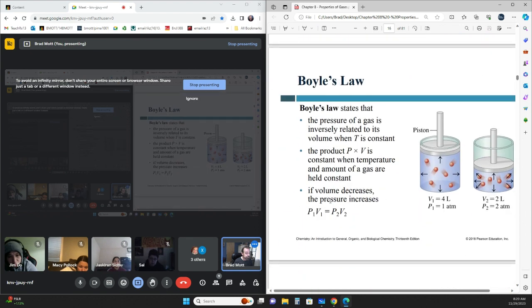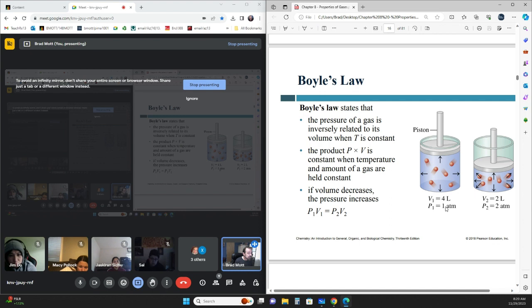That's what it looks like. We have a piston that you can change the volume with. As you decrease the volume from 4 liters down to 2 liters, your pressure will double, from 1 atmosphere to 2 atmospheres.